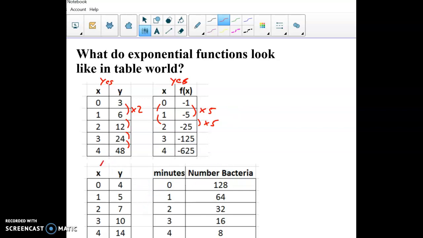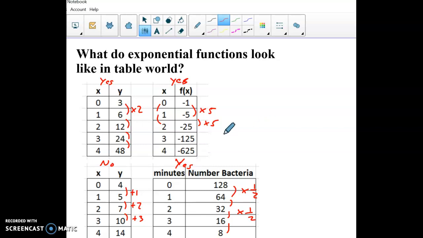And this next one is no. This goes plus 1, plus 2, plus 3, which is a pattern, but it's not an exponential. In an exponential, you're multiplying by the same amount. Last one is yes. It seems like a divide pattern, which it is. It's dividing by 2, but we could also think of it as multiplying by half. Because you're multiplying by the same number each time, that one is exponential.